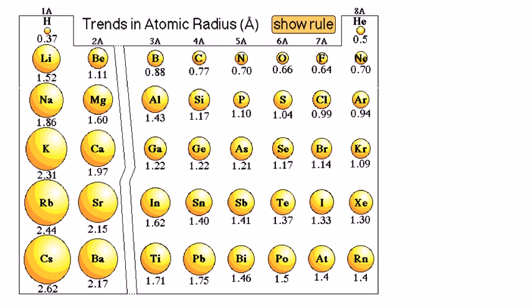Here I have lithium at 1.52 angstrom, and as I move to the right, I go through beryllium at 1.1, boron 0.88, carbon 0.77, nitrogen 0.7 angstrom, oxygen 0.66 angstrom, 0.64 for fluorine, and 0.7 for neon.